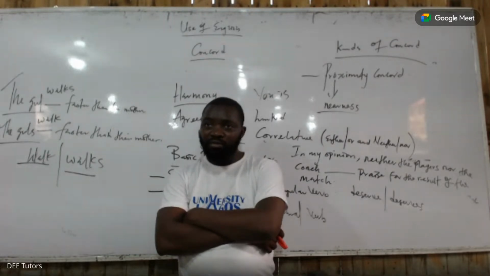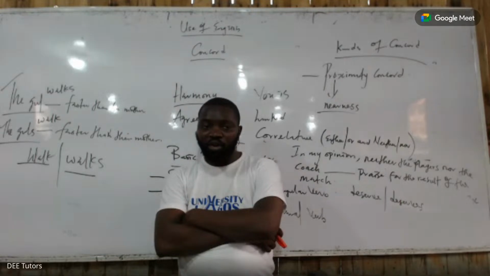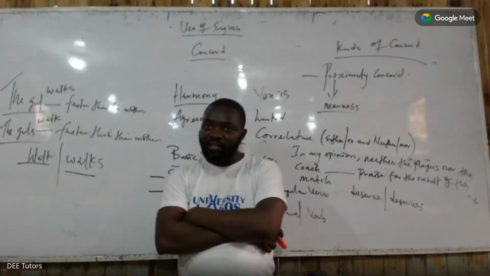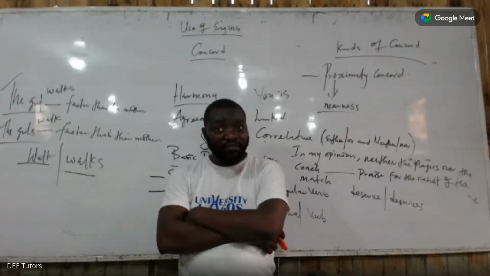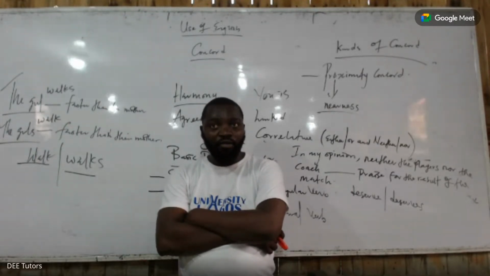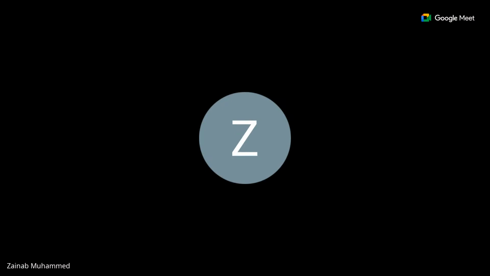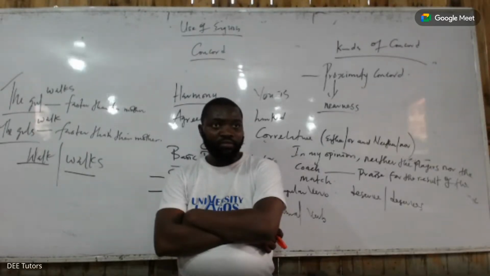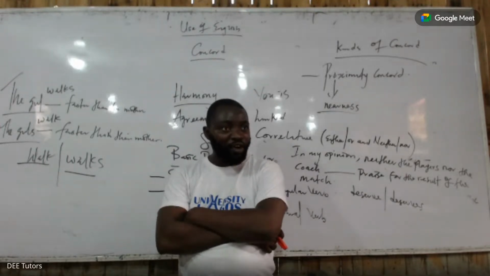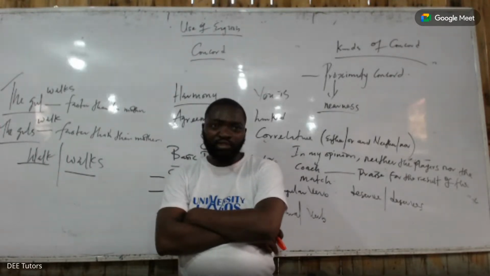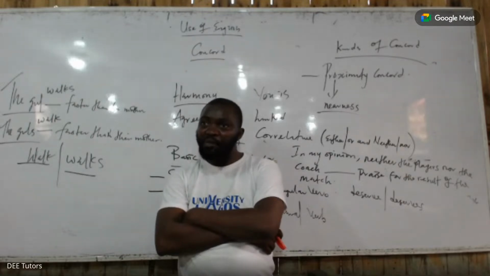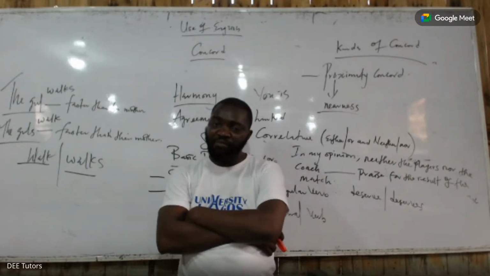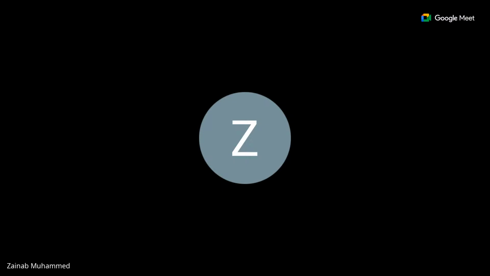And how do we know that it is proximity concord? The subjects are linked by the correlative conjunction either or, neither nor. It is the subject that comes after or nor that will determine the verb to be used. If the subject is singular, the verb will be singular. If the subject is plural, the verb will be plural. That is clear.